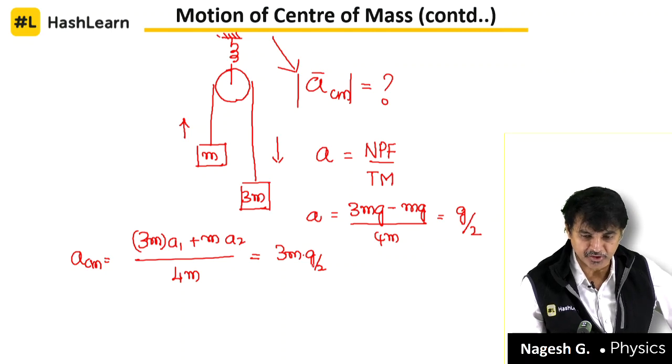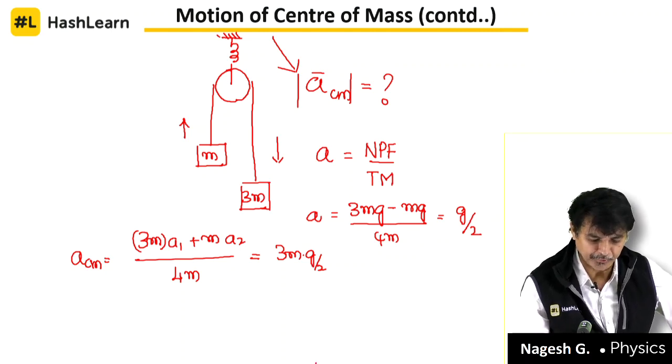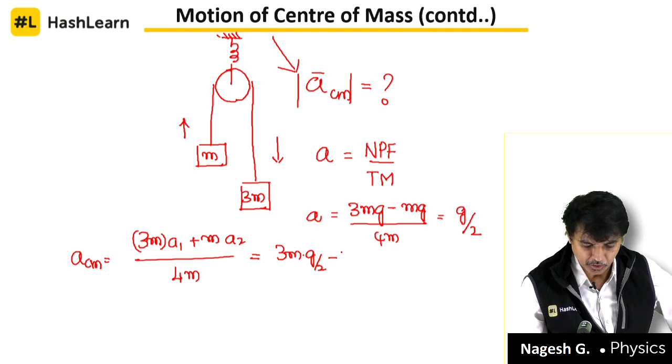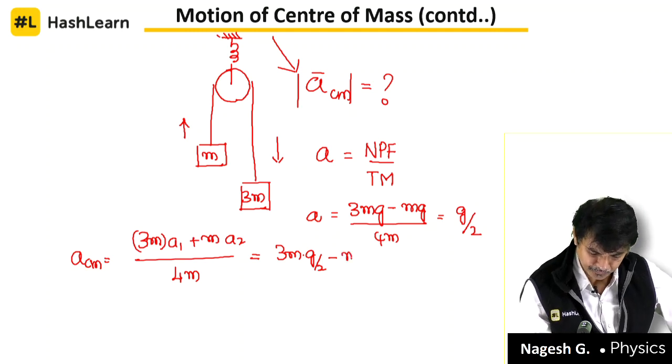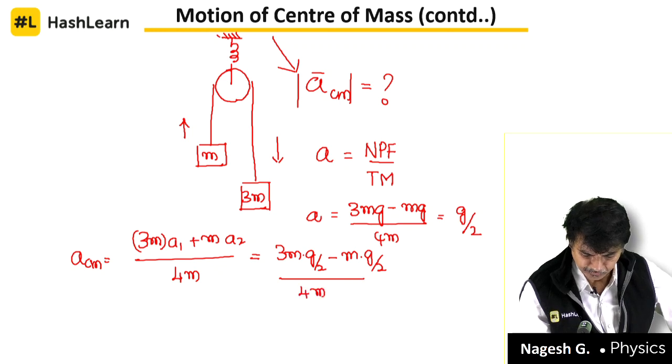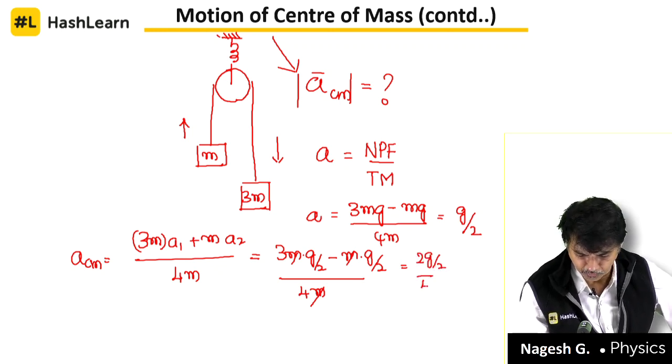You have to differentiate their motions by putting negative sign because it is moving in the upward direction. If I consider the downward acceleration as positive, I should show upward acceleration as negative. m into g by 2 divided by 4m. m, m cancelled. 3g by 2 minus g by 2. How much? 2g by 2 by 4.